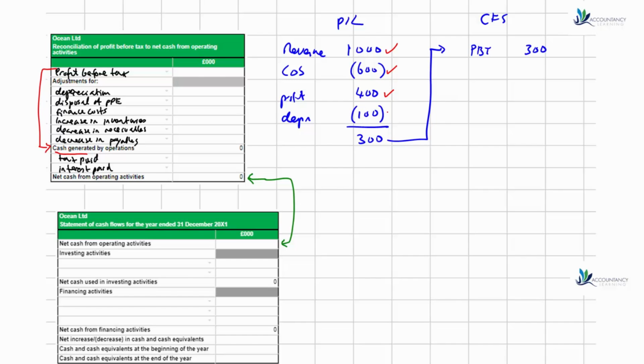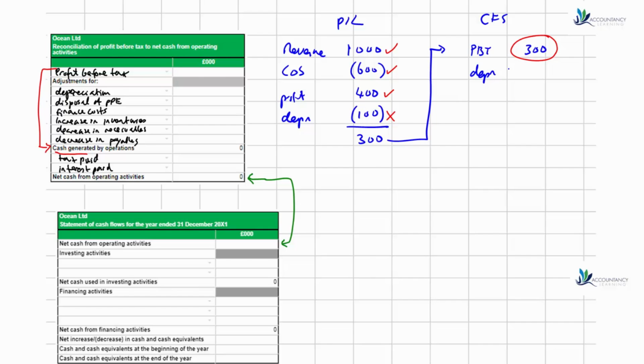But that depreciation is not a cash figure, is it? So what we need to do to convert the 300 starting position on our cash flow statement back into cash generated from operations, we need to reverse all the non-cash transactions in the P&L. So we know that depreciation is a non-cash expense.